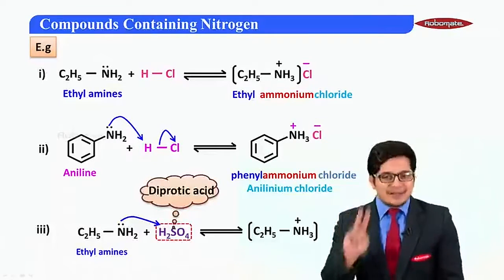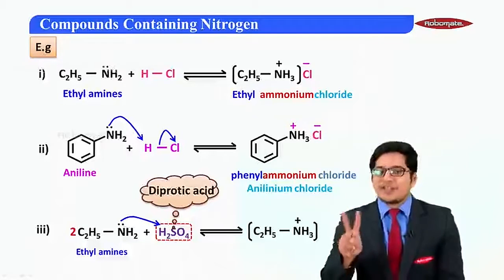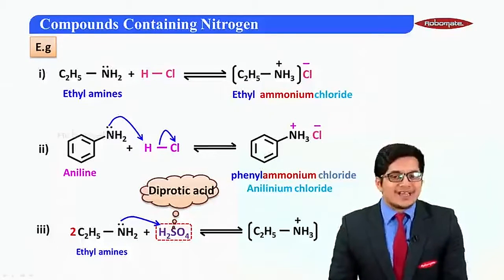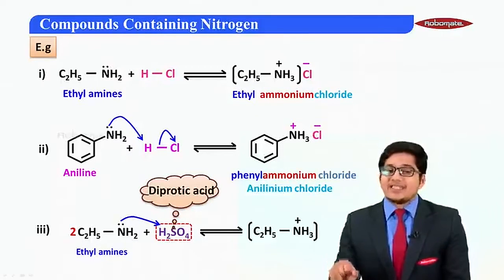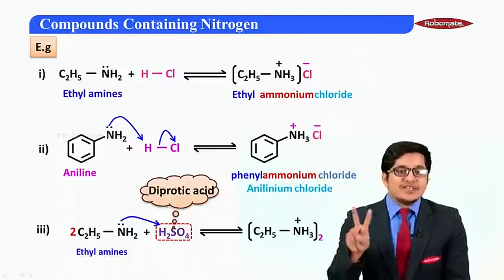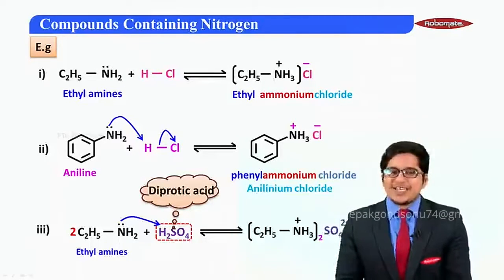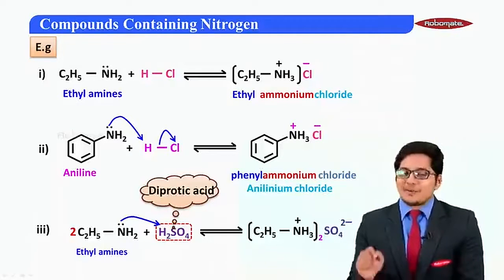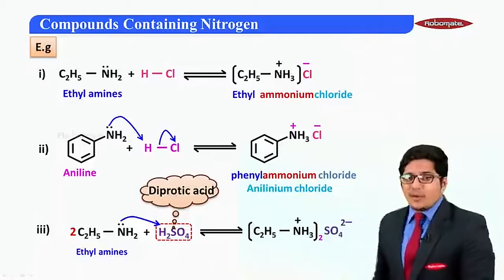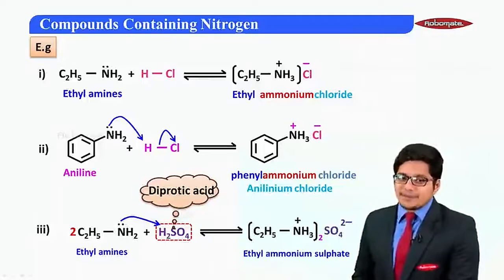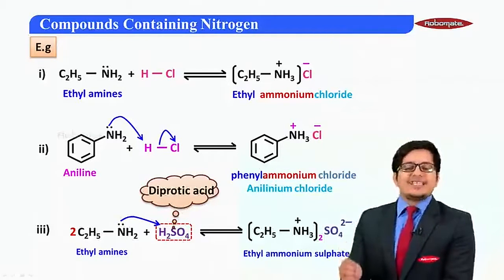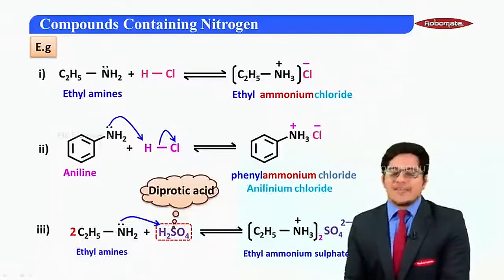Because of this, we take two molecules of ethylamine. So we get C2H5NH3 two times, and to this SO4 minus 2 is attached. The compound is named ethyl ammonium sulfate.